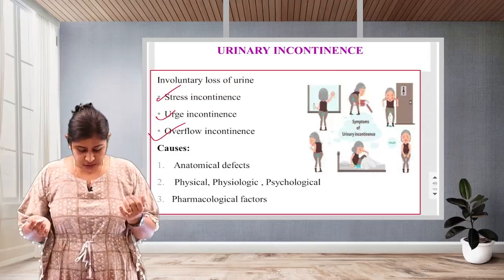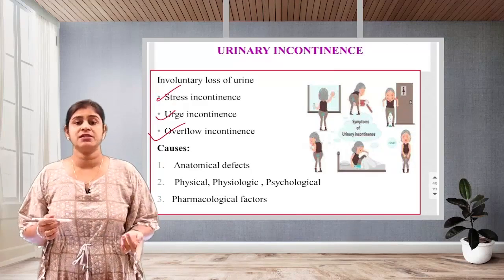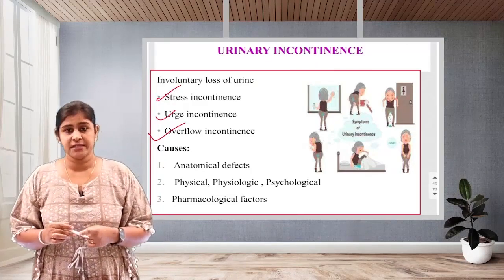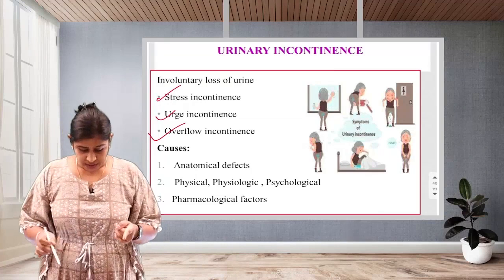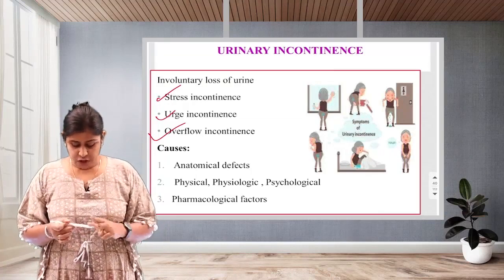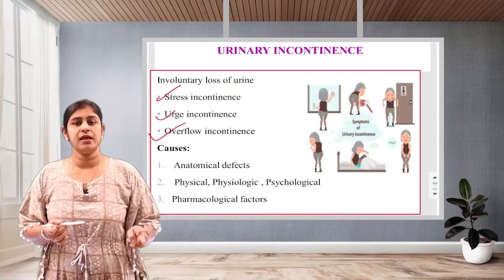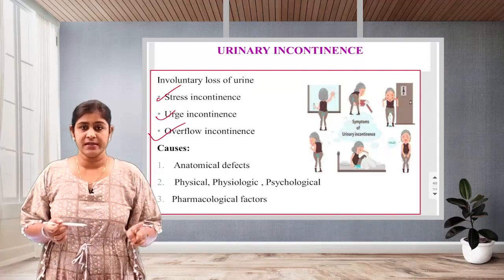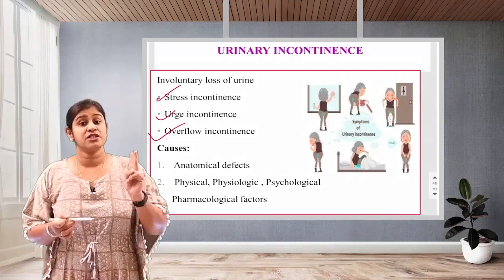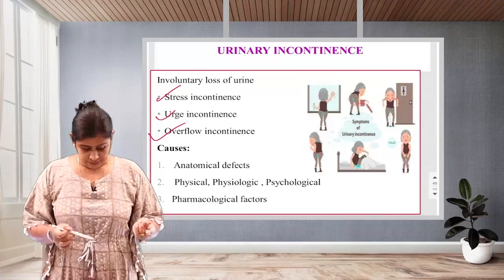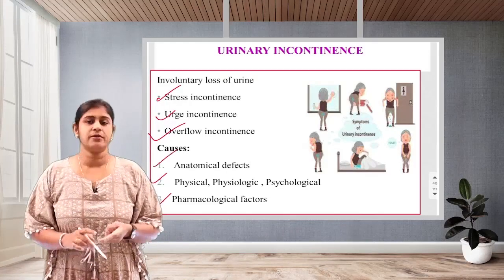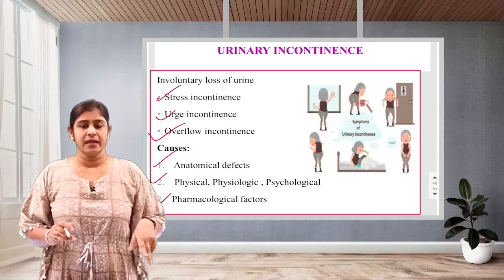So, what are the causes of this incontinence? First is anatomical defects. Any anatomical defects can also lead to urinary incontinence. Physical, physiological, and psychological: these three main causes we can consider, that is any physical defects, any physiological defects, or any psychological. Then pharmacological factors, because certain medications can also cause incontinence.